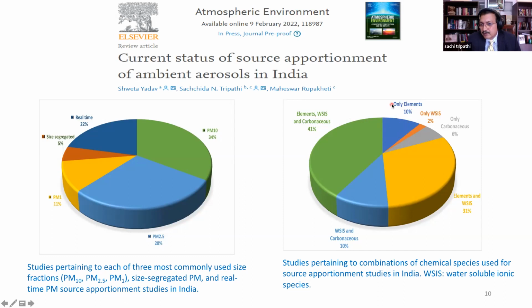That means it is limited source apportionment, using only elemental data. Likewise, some of them, 30%, have used only elements and water-soluble ions. So some studies have used different sets of chemical fingerprinting to arrive at the source apportionment. Remember that they would have some limitation, because if you do more and more chemical analysis, you have chances to get better and better information and granularity of the sources.